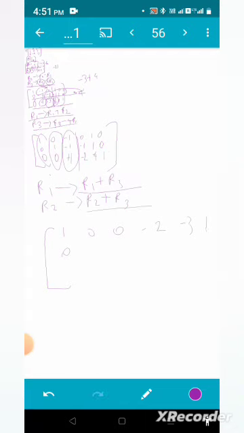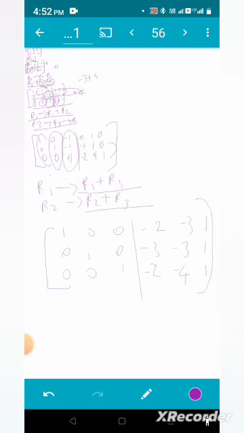Similarly, R2 plus R3. 0 plus 0 is 0. 1 plus 0 is 1. Minus 1 plus 1 is 0. Then minus 1 plus minus 2 is minus 3. Minus 1 and minus 4 is minus 3. 0 plus 1 is 1. So the third row is not any changes: 0 0 1, minus 4 plus 1.